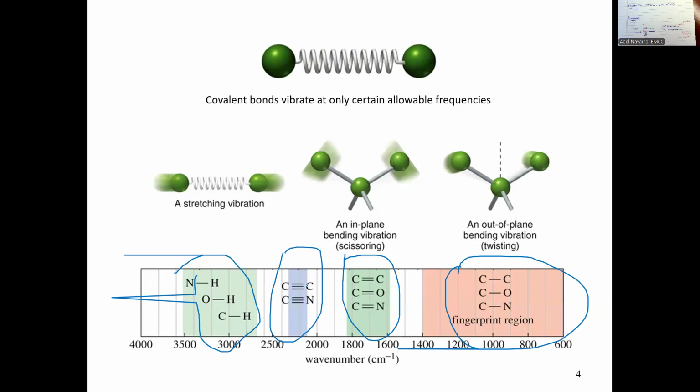In the middle you see the C-triple-Cs, alkynes, C-triple-Ns, nitriles, and on the right side you will see double bonds: alkenes and aromatics, C double O. In C double O, we have a big family: ketones, aldehydes, esters, amides, carboxylic acids, and C double N. C double N is a particular functional group that we have not studied yet. Those are called imines.